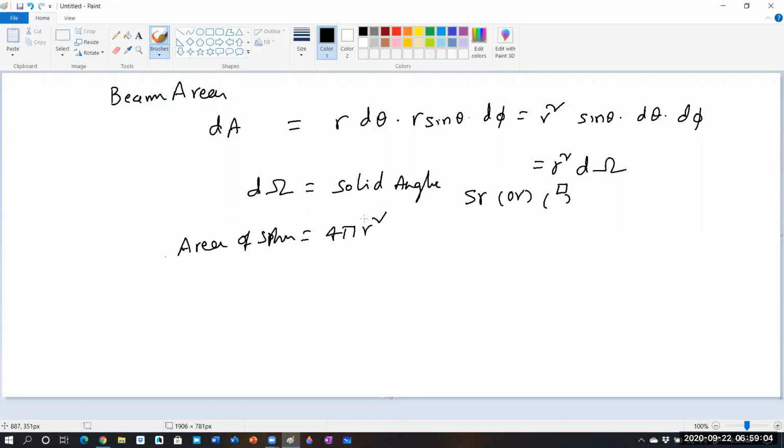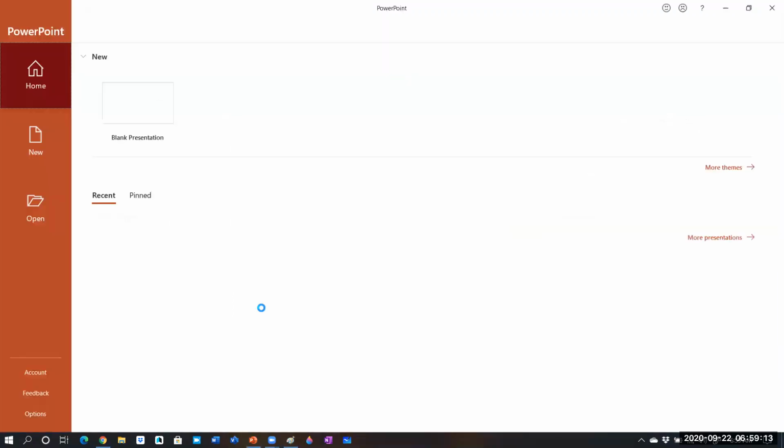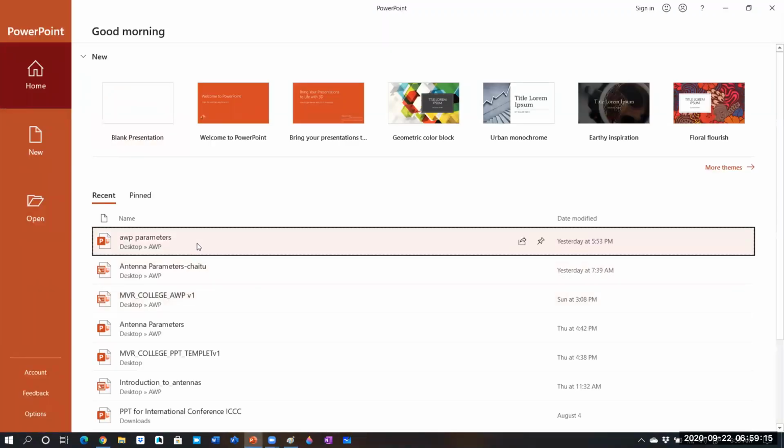I will show some formulas and standard notations. First of all, please look at the picture. Antenna parameters.